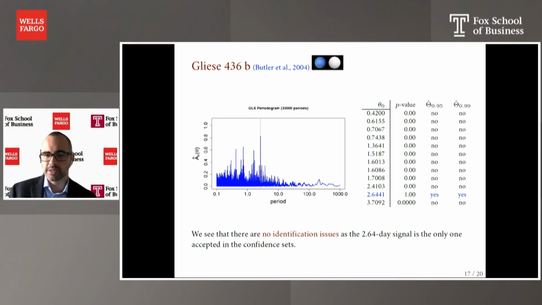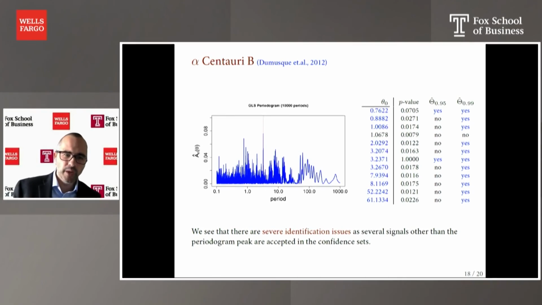So next slide, please. There was a paper in Nature a couple of years ago about a discovery in Alpha Centauri B, and you can see the periodogram on the left. Alpha Centauri B is in our immediate stellar neighborhood. It's the closest, a system of 3 stars.